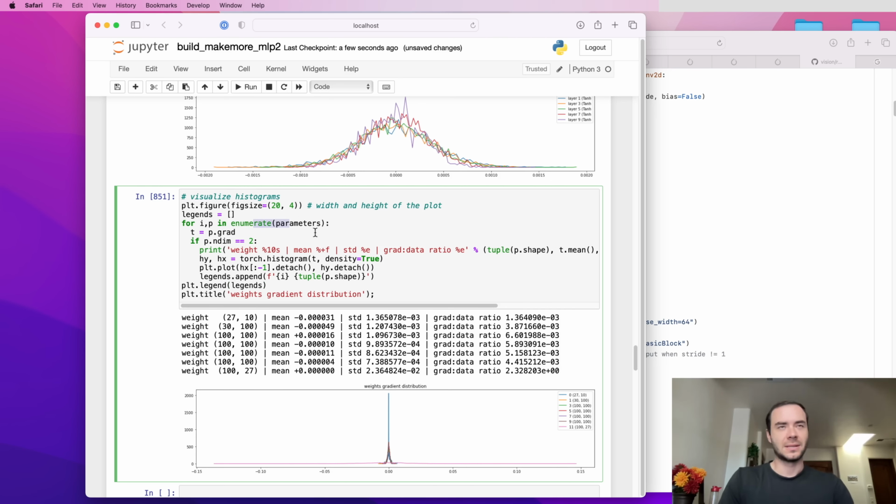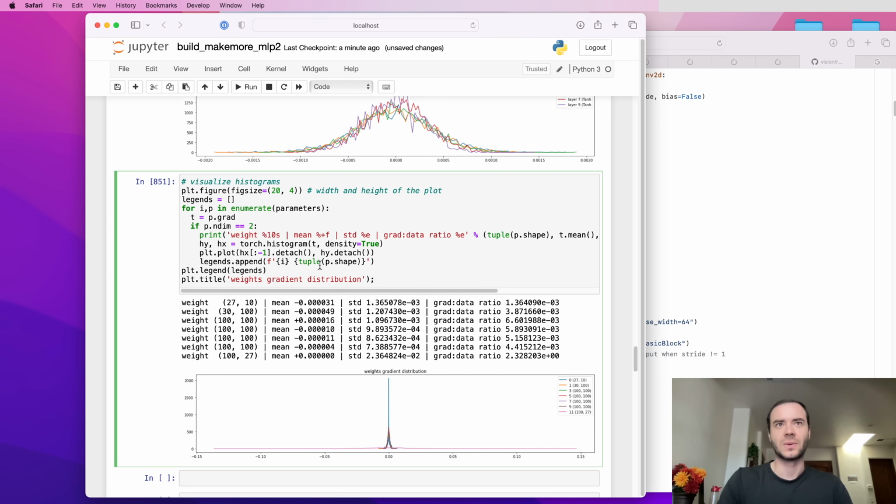So here what I'm doing is I'm iterating over all the parameters available, and then I'm only restricting it to the two-dimensional parameters, which are basically the weights of these linear layers. And I'm skipping the biases, and I'm skipping the gammas and the betas in the BatchNorm just for simplicity. But you can also take a look at those as well. But what's happening with the weights is instructive by itself.